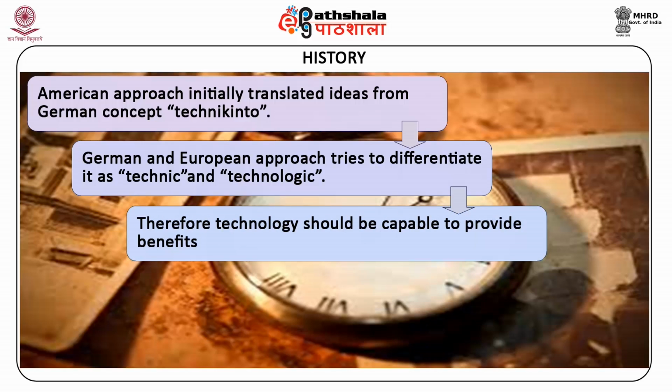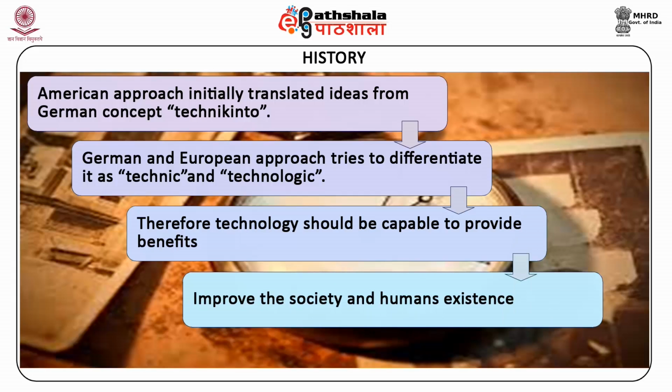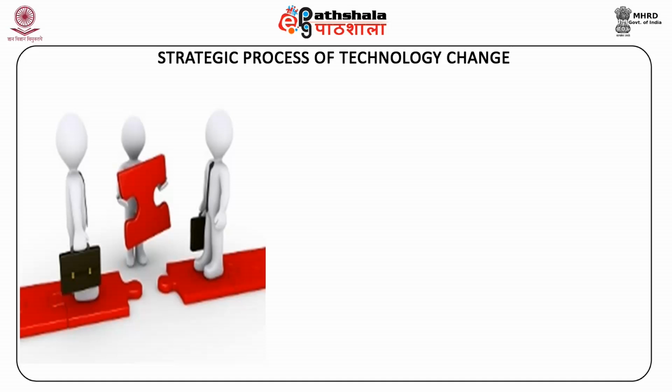Therefore, technology should be capable of providing benefits and improving the society and humans' existence in the long use and adoption of a technology. Next, we will talk about the strategic process of technology change.